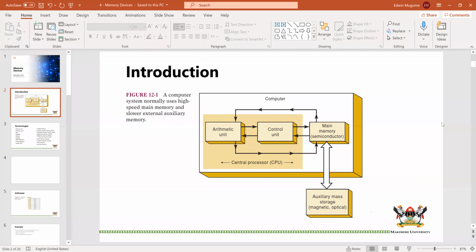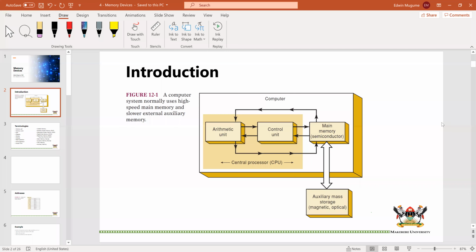I think you know this from your first year, we have the CPU. The CPU is really the brain of the computer that includes the arithmetic and logic unit and the control unit. And as part of the computer, you also have memory. So these are really the most important bits within a computer: memory, control unit, and the arithmetic and logic unit.